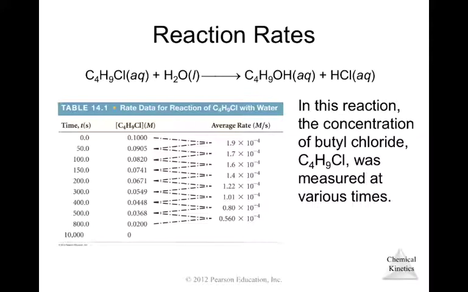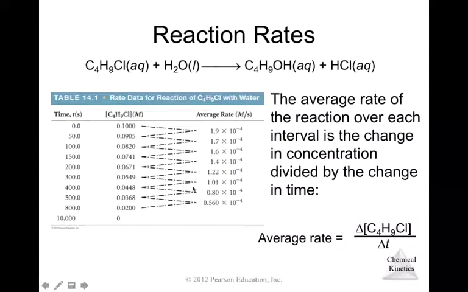So in this reaction, we measure the concentration of butyl chloride, which is the reactant, at various times: initially at 50, 100, and 150 seconds. This is how much we started with, and this is how much is left. From there, we can calculate the average rate over the intervals, so how much has changed from 0 seconds to 50 seconds.